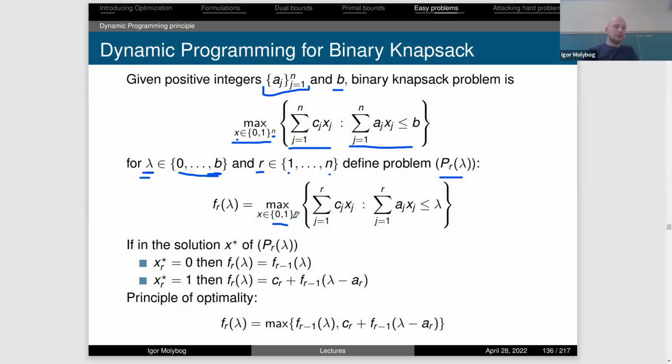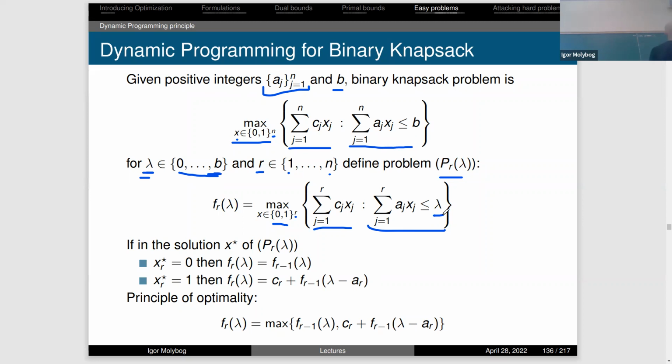So the size is being reduced, of basically a truncated objective function, subject to a linear inequality that has been truncated, and the right hand side has been reduced, so the capacity has been reduced.